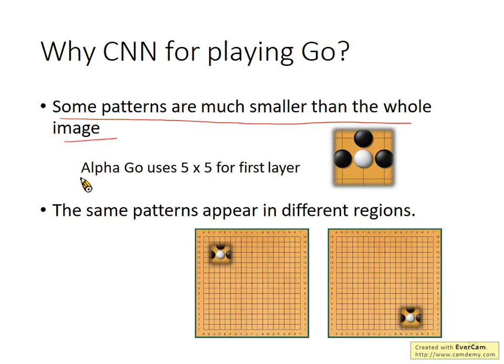And actually, in AlphaGo, they use a 5 by 5 pattern for the first layer. The second observation is that the same pattern may appear in different locations, just like this pattern may appear here, may appear here. So this again is appropriate to be modeled by convolution.